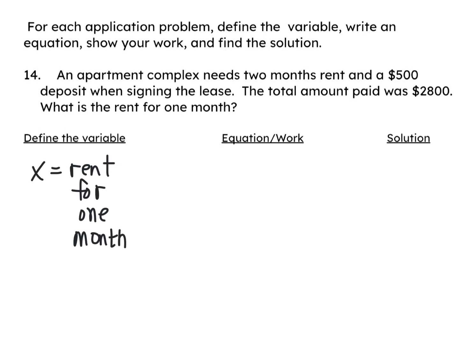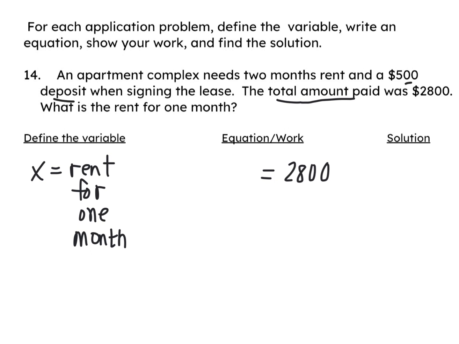So our equation. Well, I do see our total amount. So we know, we can always set our equal sign to the total. And then we have a 2 months rent and a $500 deposit. So deposit is what you put down first.